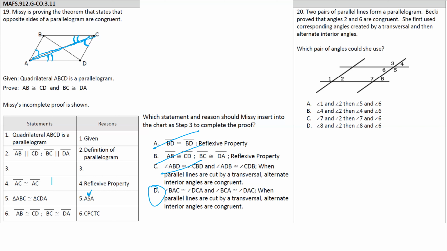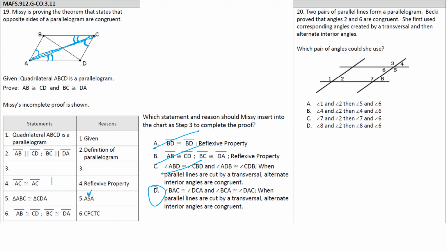All right, on number 20. This one, again, it's kind of about the proof process here. They are saying that we are proving that angle 2 was congruent to angle, what was it, 5, I think? No, 6. Angle 2 and angle 6 were congruent.